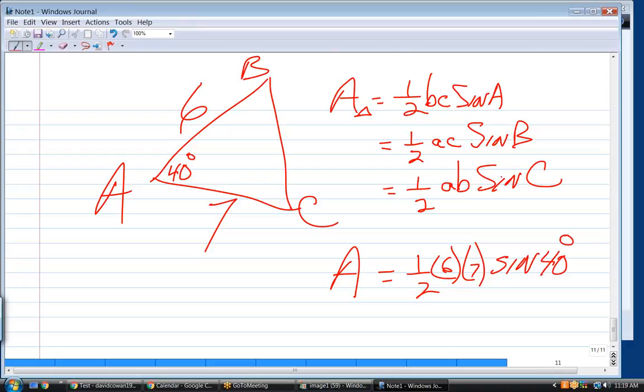And you can see that each of these three is a side angle side. In other words, you use this when you don't have a vertical height. Well, actually, you only use this when you have exactly side angle side. There is another area formula that you use when you have only three sides.